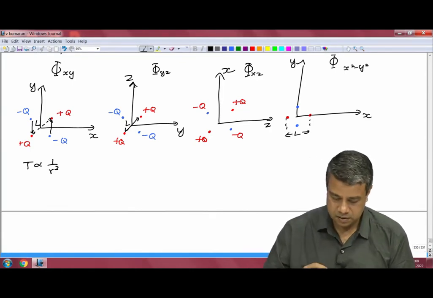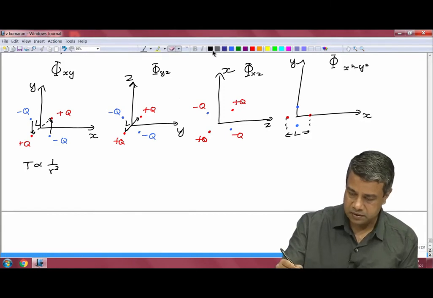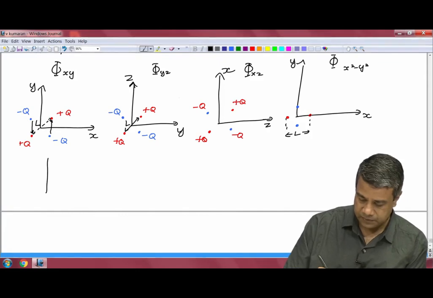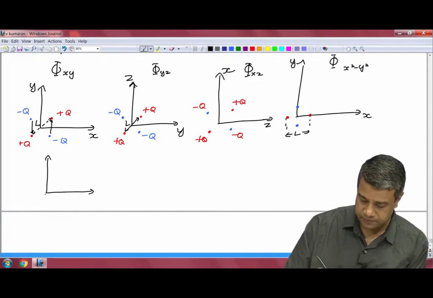And finally, I have one solution in which the separation is in the z direction.